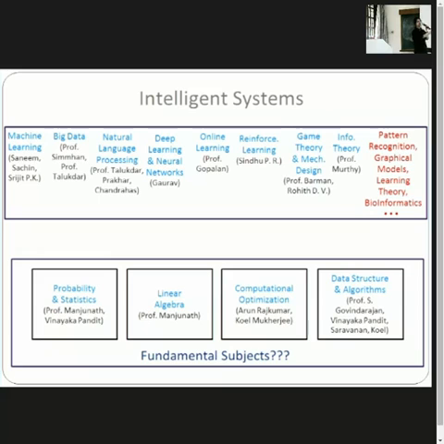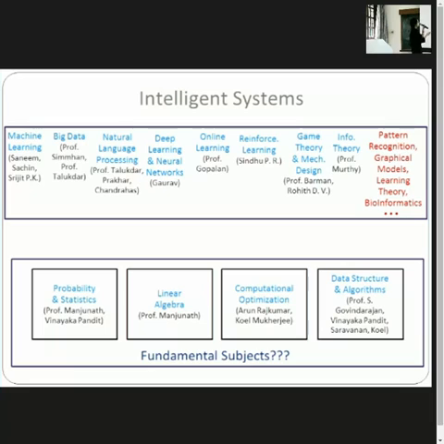We tried to make the talks a little heavier on the intelligence systems side, because we thought a lot of you are interested in artificial intelligence and machine learning. But we couldn't cover bioinformatics, graphical models, pattern recognition, data mining, lots of things. But it's not like they're mutually exclusive. There are some connections, but these are different topics.